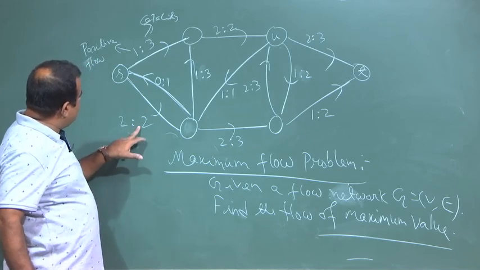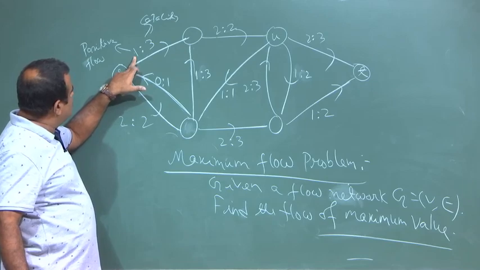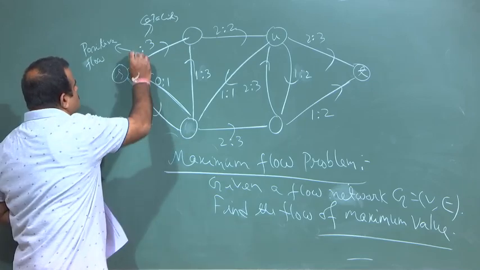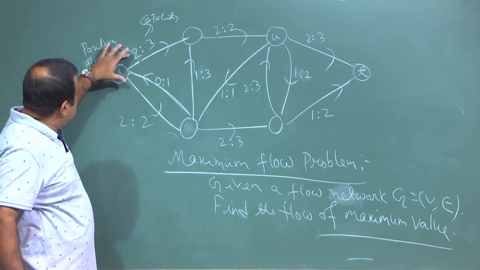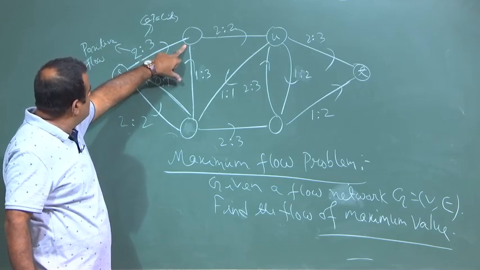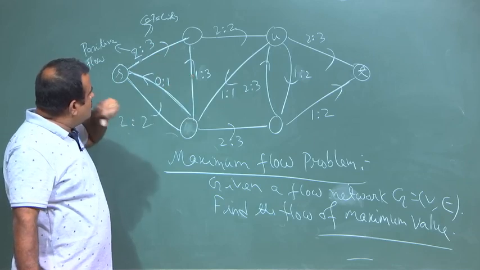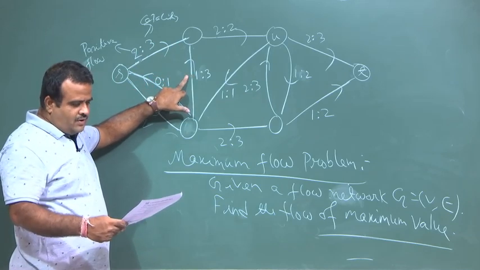Here we cannot pass more than 2, but here we can pass 2 or 3. So, let us try with 2. If we pass 2 over here, then this may create a problem, because this is consuming 2 and 3, and now it is passing.